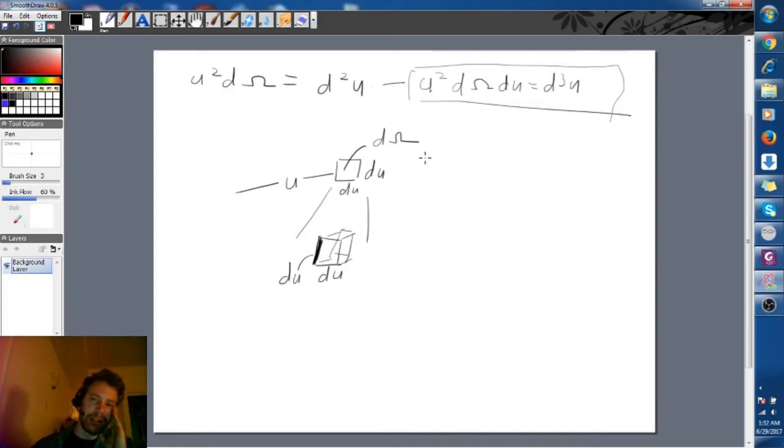What else do I want to say about that? The other thing I guess I could say is maybe you might want to imagine that there is a bit of a problem with this sort of derivation, in that if you have a closed surface and a solid angle d omega subtended by the surface, this is a side view, as the rays extend further outwards, this area here is less than this area here.